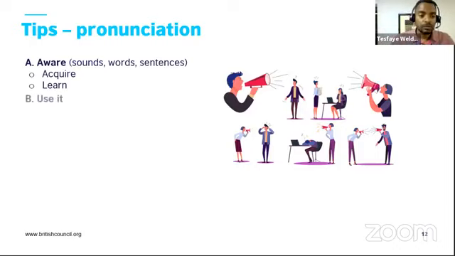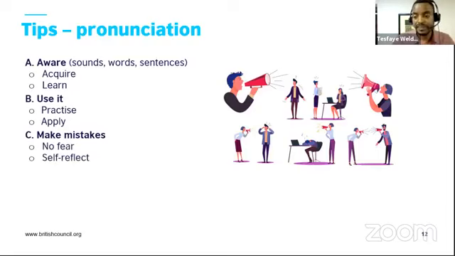So you need to also self-study that, practice. Use it, practice, apply. Pronunciation, just like I said earlier, it's all about application and not just a feel like the grammar. And you need to self-reflect. Oh, I used to say tin. No, I need to say thin.